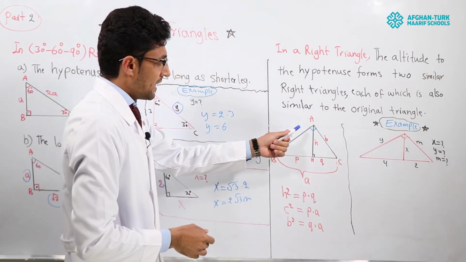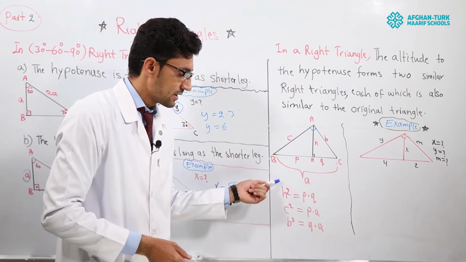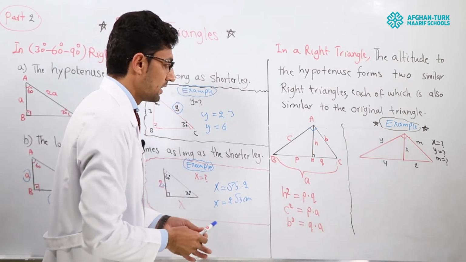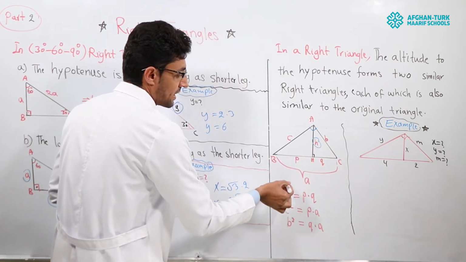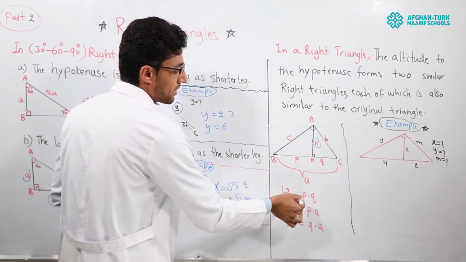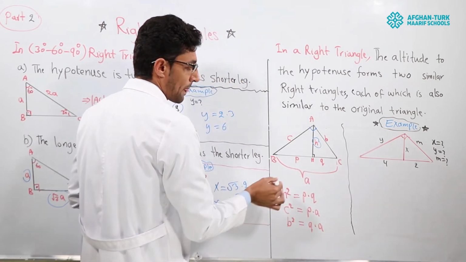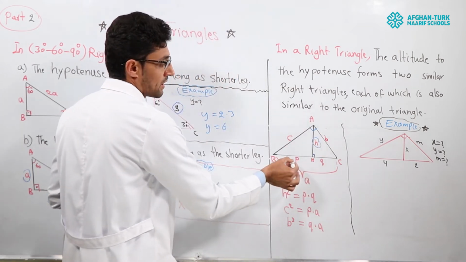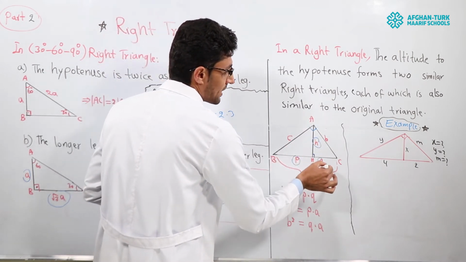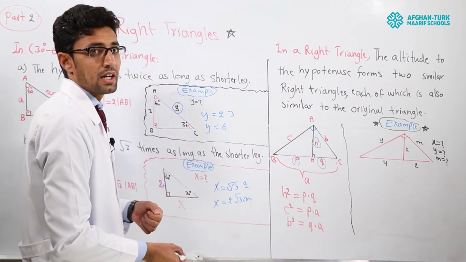In these relations, we can have these results. This is altitude. It means h square is equal to p multiple q. Because we divided by altitude, the value of this multiplied by this is equal to a square of altitude.